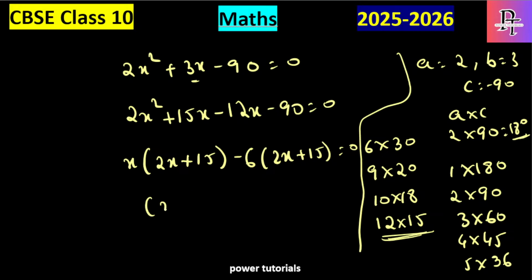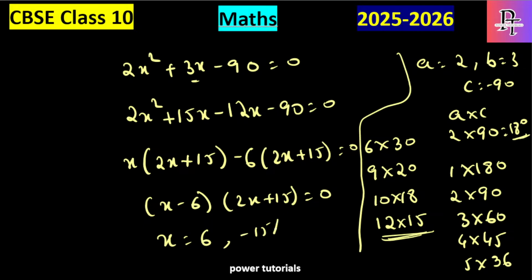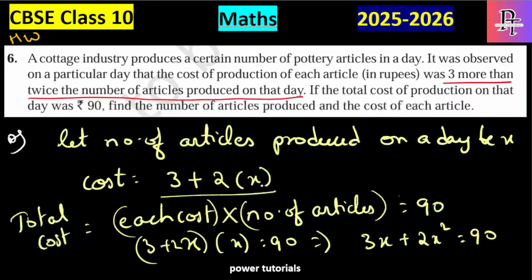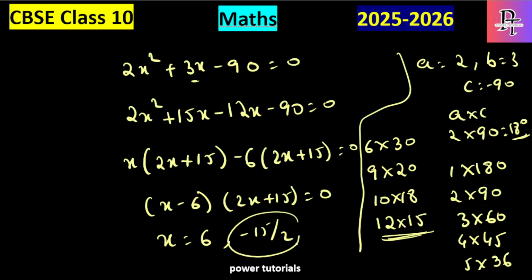So we have x minus 6 into 2x plus 15 is equal to 0. So what is the x value? From here it is 6, and from here it is minus 15 by 2. X is the number of articles. Number of articles cannot be negative, so this is wrong.